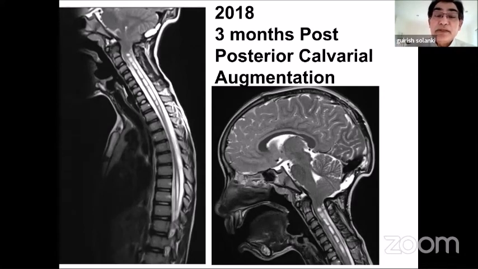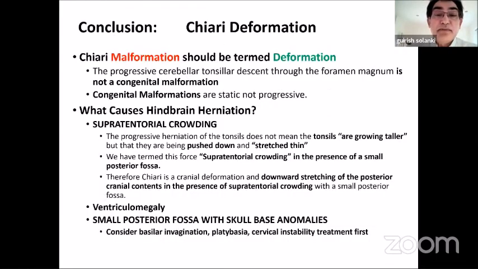So in those cases where you have had a failure of primary resolution with the foramen magnum decompression, you can still do a posterior calvarial augmentation, which is essentially supratentorial, above the transverse sinus, above the torcular, so it's less dangerous as well, and creates adequate space for the posterior fossa contents to fall back and allow improvement in CSF flow. I just wanted to show that and say that you have multiple options in complex Chiaris.